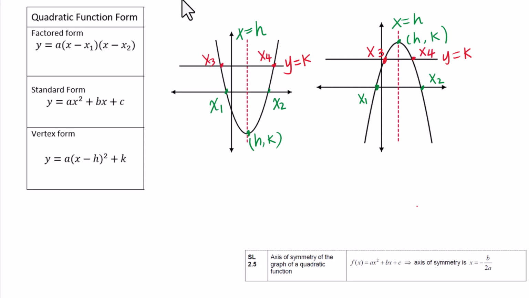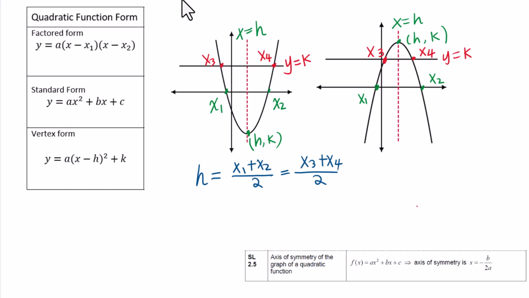Then h equals x1 plus x2 over 2, which also equals x3 plus x4 over 2. In other words, h is the middle point between x1 and x2, and between x3 and x4.